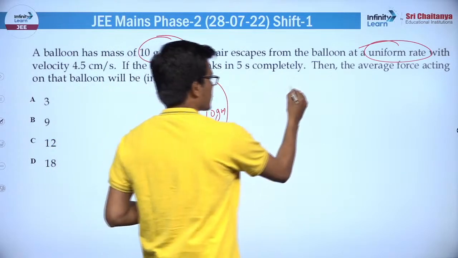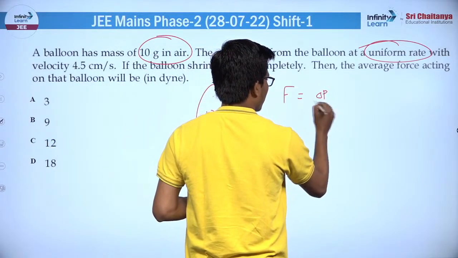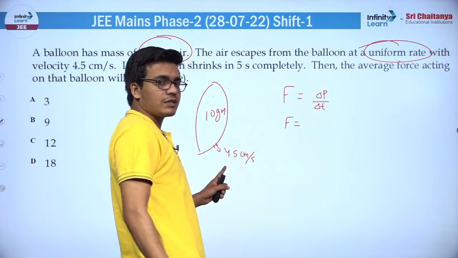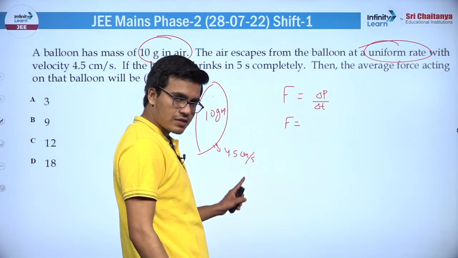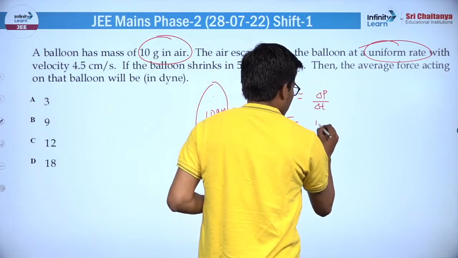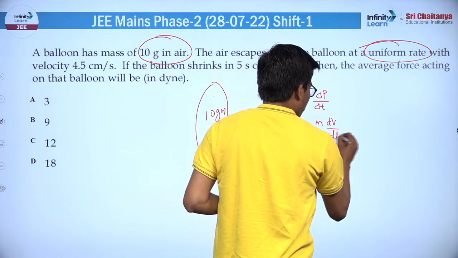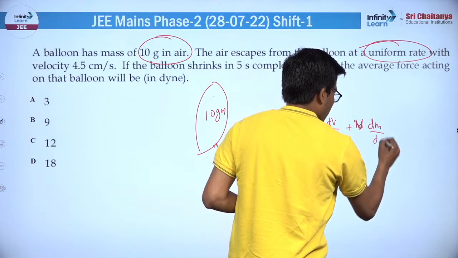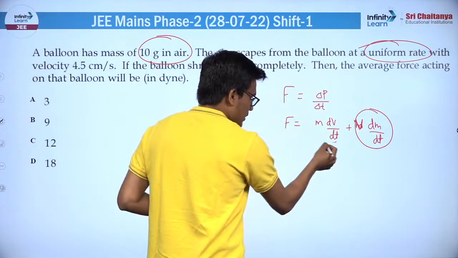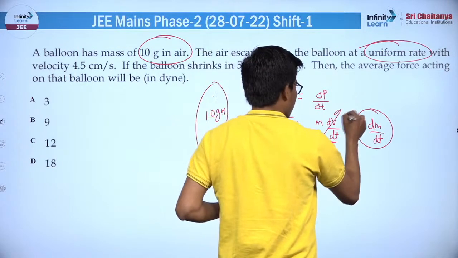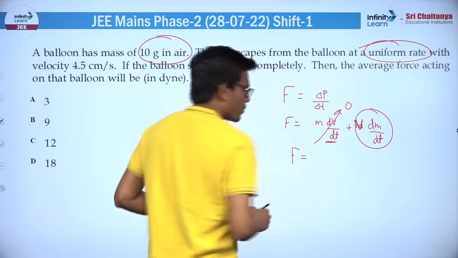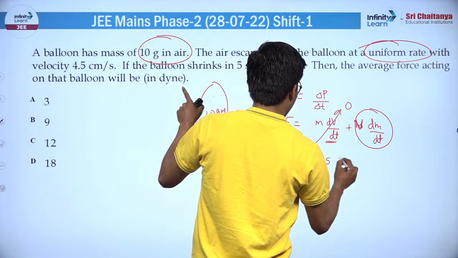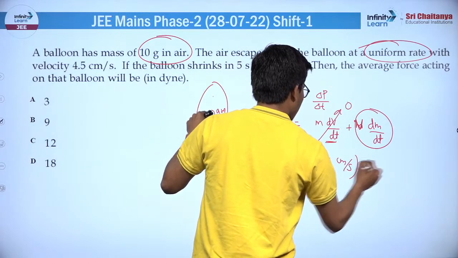So you know that by Newton's second law, force is given by delta P by delta T. If the speed of escape of air is constant, it means the acceleration is constant. So we will be having two terms in this case, right? If you remember, in case of a variable mass system we are left with this term, and there is this term also, but in this case V is constant, so this term will be 0 and the force acting on this balloon will be V, that is given to you, 4.5 centimeter per second, and dm by dt.